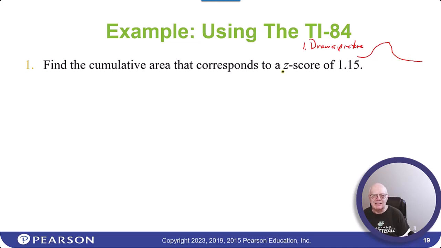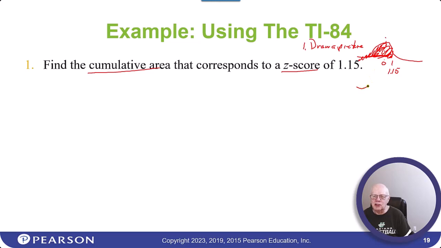Now, we're talking about z-scores, so right away we can say there's 0 right in the middle. We're talking about a z-score of 1.15, so it's not to the left of that, it's over here to the right, 1.15. And we're talking about cumulative area, so it's everything up until you get to that 1.15.